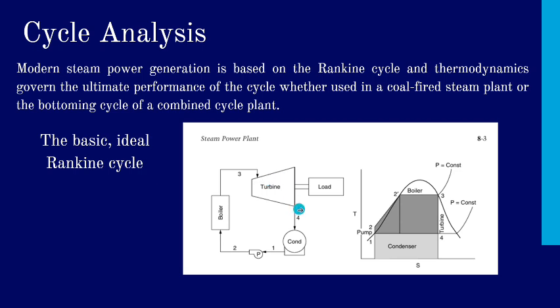During process 3 to 4, the steam expands isentropically through the turbine, producing work and exits as a wet vapor. Finally, 4 to 1, heat is rejected at constant pressure in the condenser, turning the steam back into saturated liquid and completing the cycle.